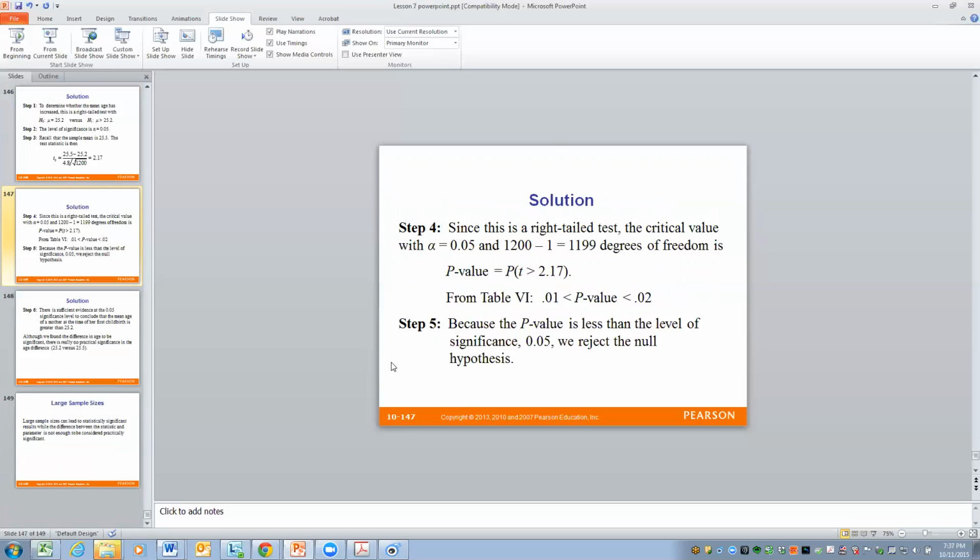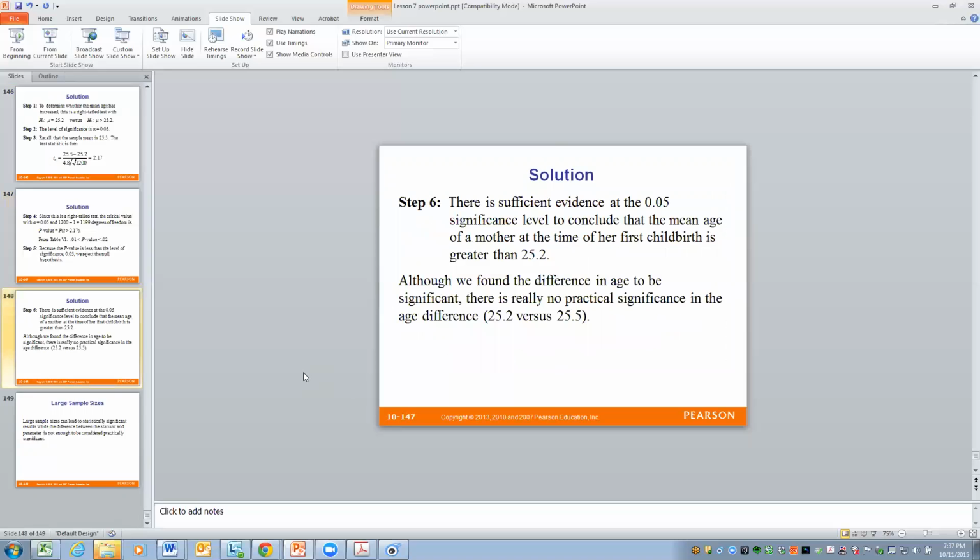A t-value of 2.17 gives us a p-value of somewhere between 0.01 and 0.02. So it is statistically significant, much smaller than the 5% level that we set, but practically speaking, it's not going to change the way we do things.